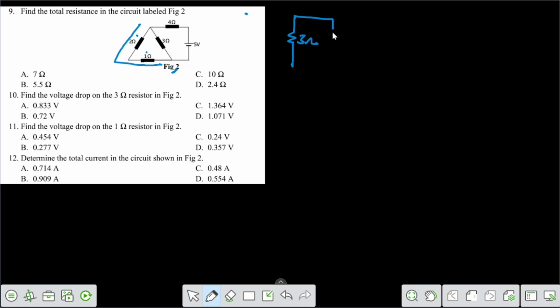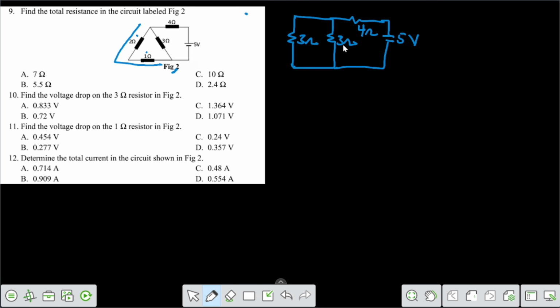Then we have another resistance in parallel to it, which is the 3 ohm resistance, and we have a resistance in series with the source voltage, which is 4 ohms. And then finally we have the source, which is 5 volts. Now to find the total resistance, always start where there is no source.